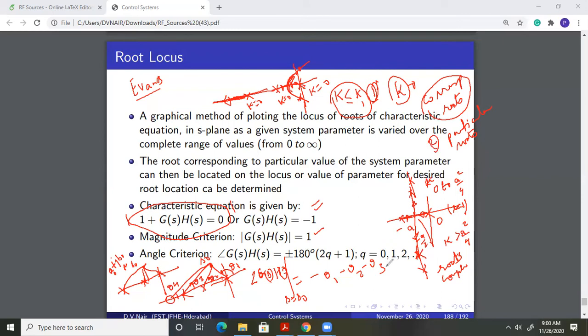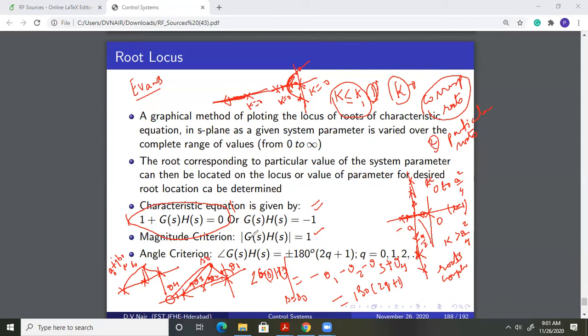So for adding that angle, I will just put plus theta 4. Remember, zeros are in the numerator of the transfer function. So they will be contributing what? Positive angle. So in this way, if the sum of these angles is an odd multiple of 180 degrees, then we say they are satisfying the angle criteria.